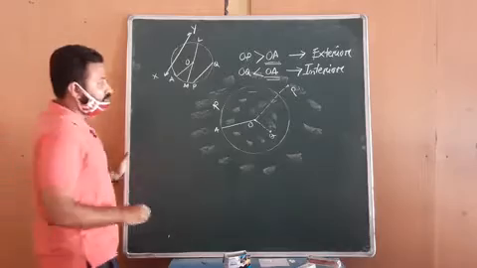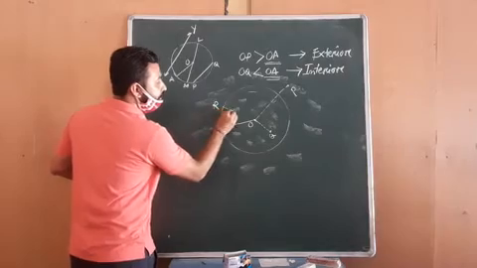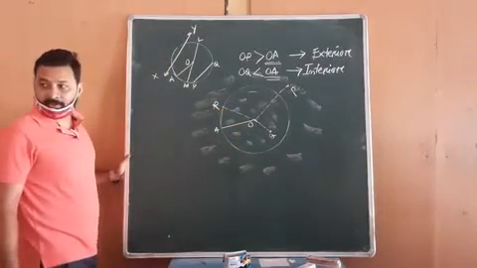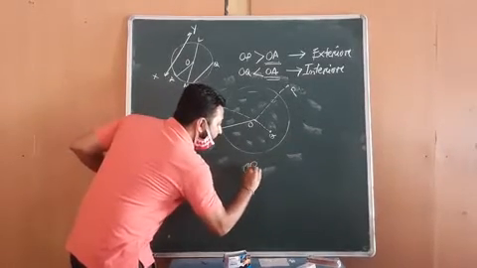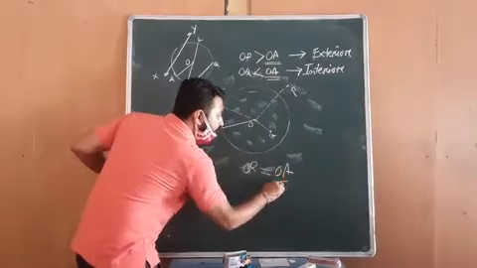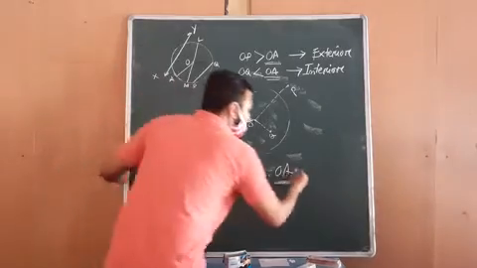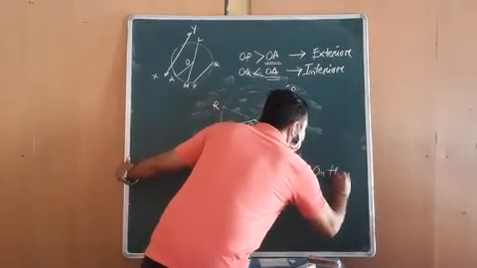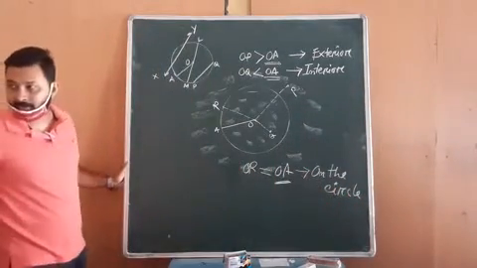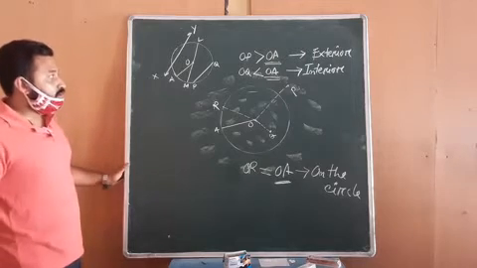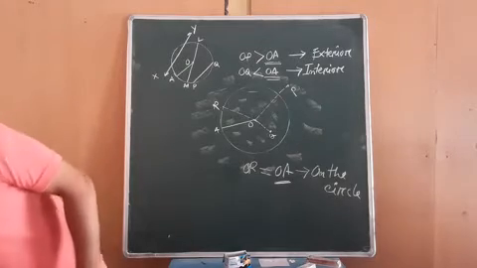Suppose now we join point R to the center, we join O and R. If OR is equal to OA, where OA is the radius of the circle, then the point will lie on the circle. Understood? So now we will discuss the remaining parts of the circle.